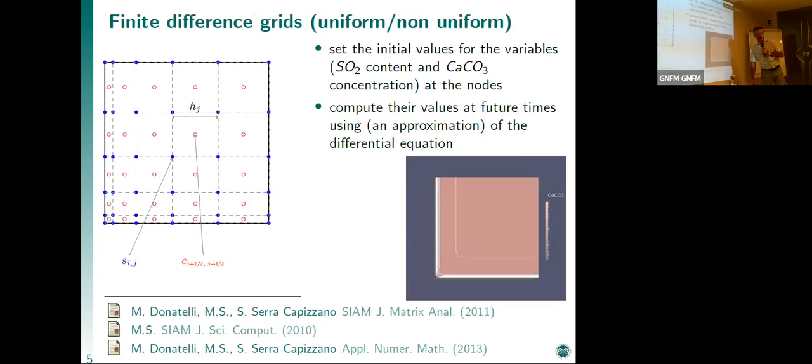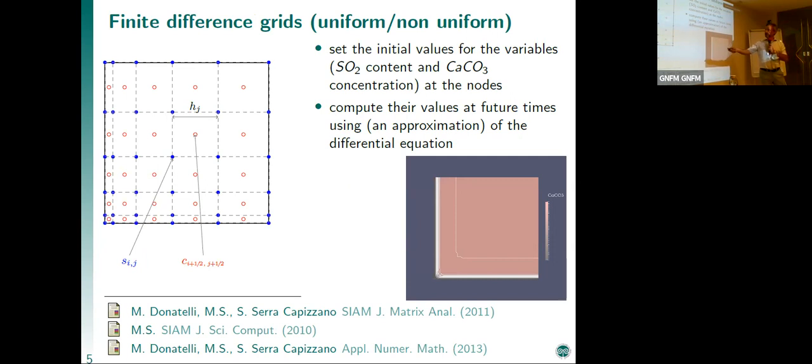And how do we do this? In some way or another, what we do is choose a grid of points inside the object, which is a square in this very simple example.